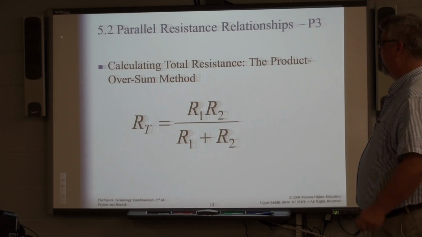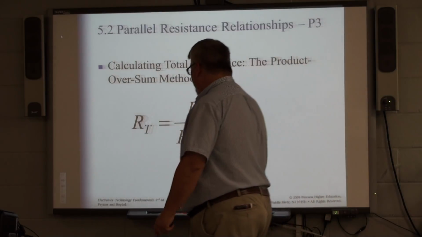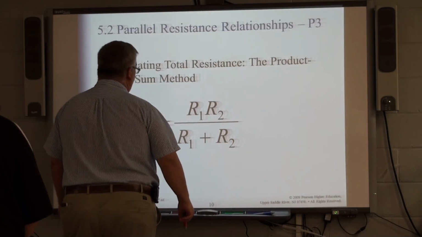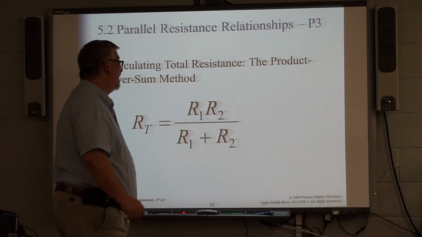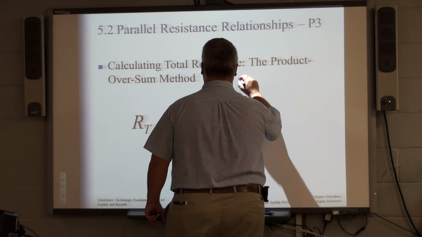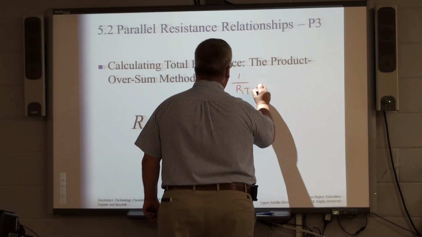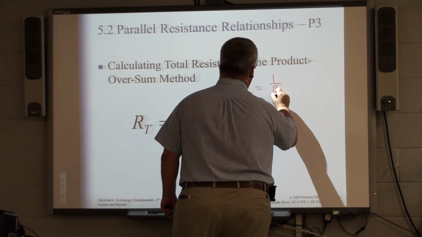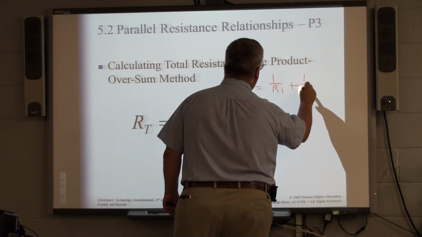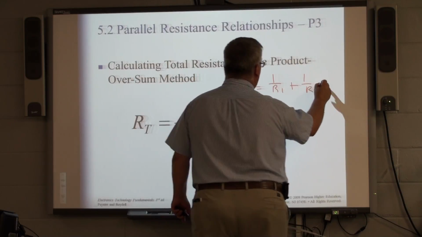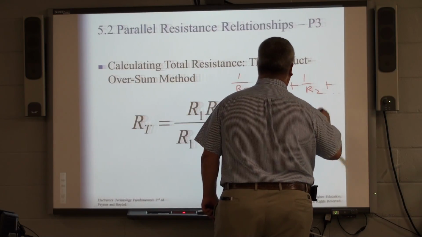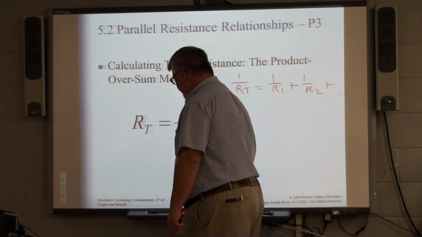Now we have two formulas for parallel resistance. We have the one I showed you before, which is 1 over RT equals 1 over R1 plus 1 over R2 plus, dot, dot, dot, all the way out to R last.